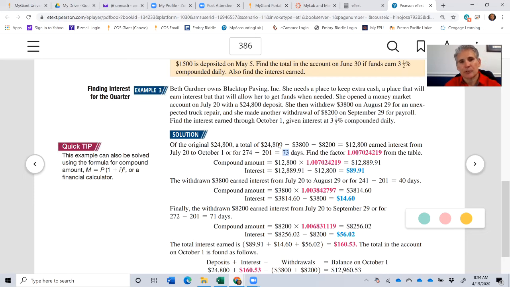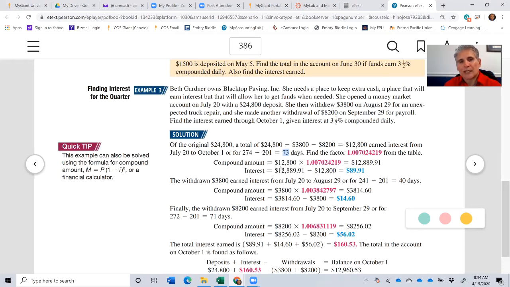We're then going to find out what the factor we're going to need for this is: 1.007024219. That's in the table that we could look up. And then what we had in the account, well, we started off with a $24,800 deposit. Then we subtracted 3,800 and then 8,200. So we were left with 12,800, and that stayed in the account the entire time. So we have that amount, that factor.